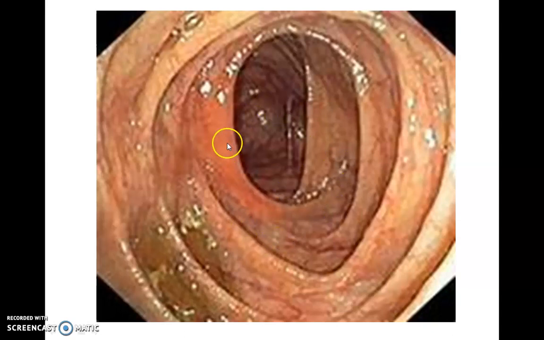Now these folds are shown during internal examination of the rectum called proctoscopy or rectoscopy, and here the folds of the rectum are shown. These folds project from the wall of the rectum.